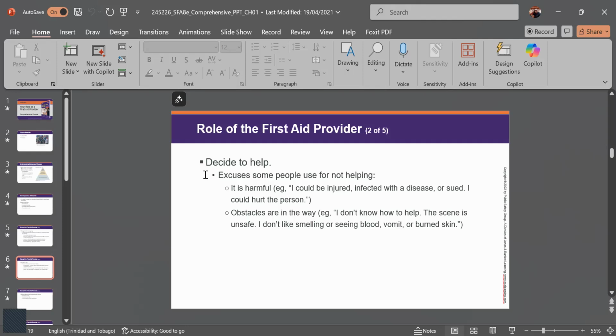But if you make that decision to help, you have to understand there's a set process you have to follow. Remember, first it is voluntary, unless you are at work and you have a duty to act, which we'll look at as well.